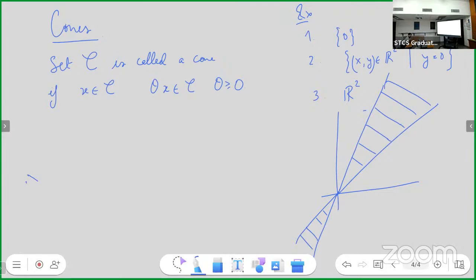Any union of two cones. Definitely, we're not saying anything about convexity. Suppose we have a cone like this, going to infinity.